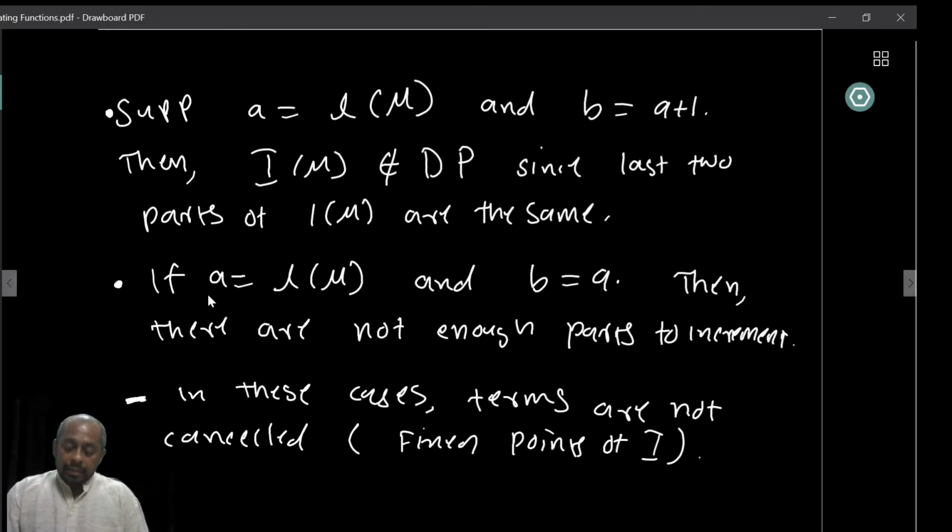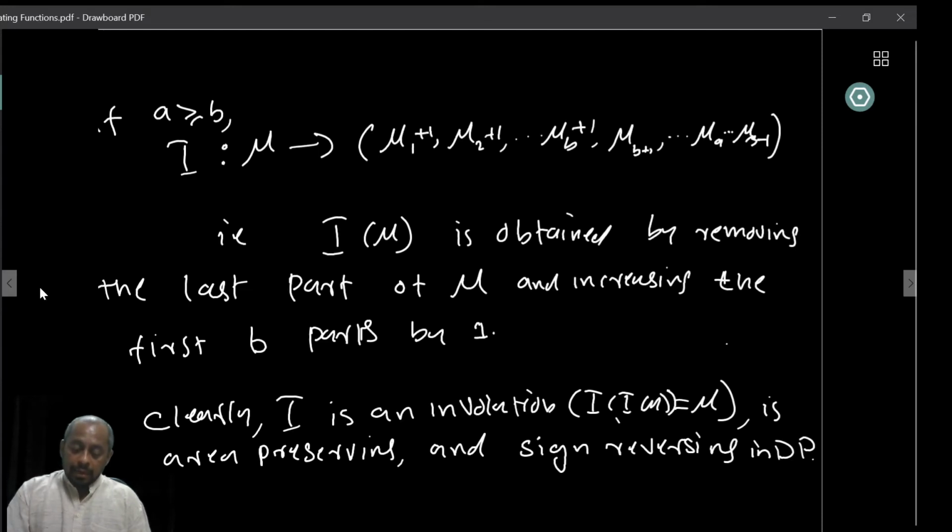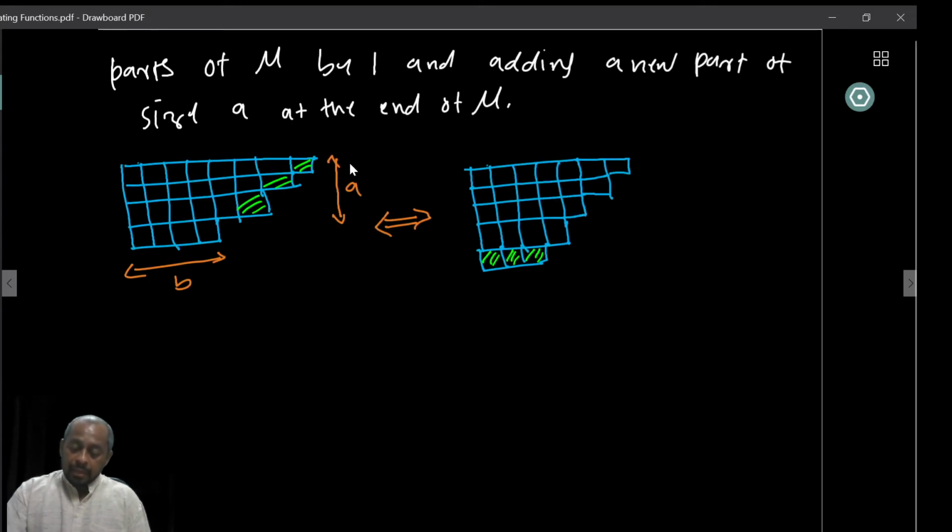Similarly, I can redefine I this way, and if A is equal to length of mu and B is equal to A, then there are not enough parts to increment. Because when I take out this part and put 1 by 1 each, I don't have enough positions to fill.